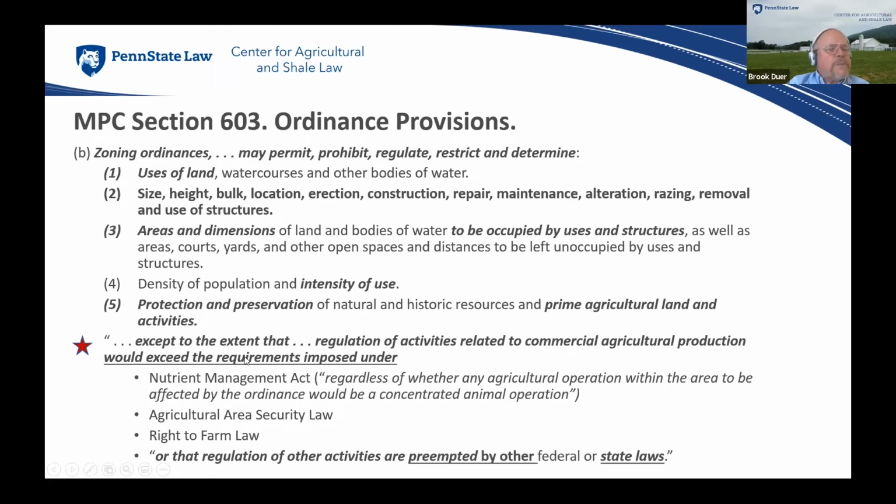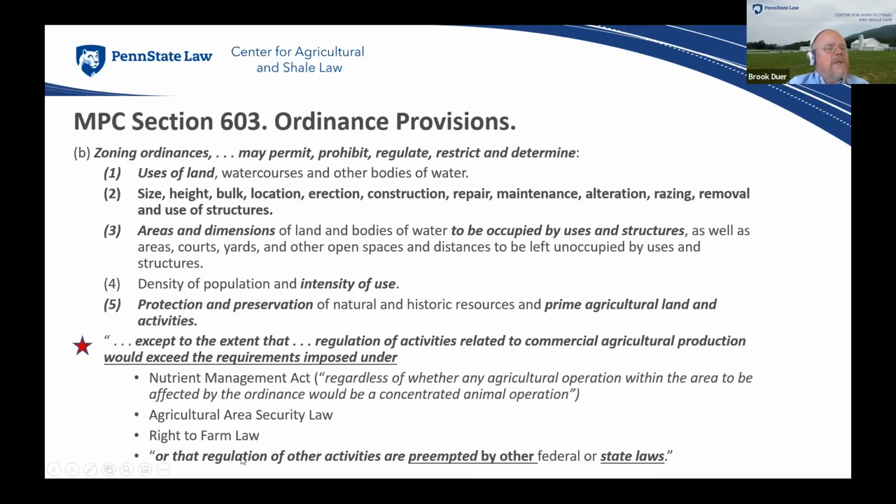But that's the wording that we have. And then there's the catch-all that says, or that regulation of other activity are preempted by some federal or state law. So in other words, there's the preemption language, which basically says, well, if it's preempted in another law, then it's preempted.